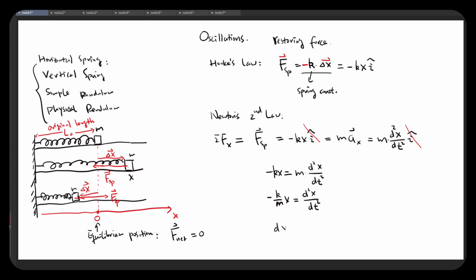So we get the second derivative of x with respect to time plus k over m times x equals 0. And we're going to define a parameter called omega equals square root of k over m.